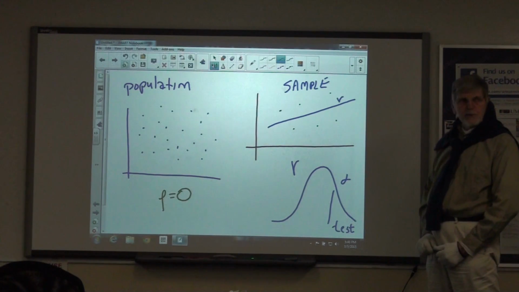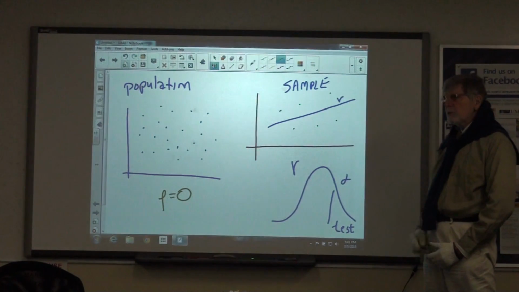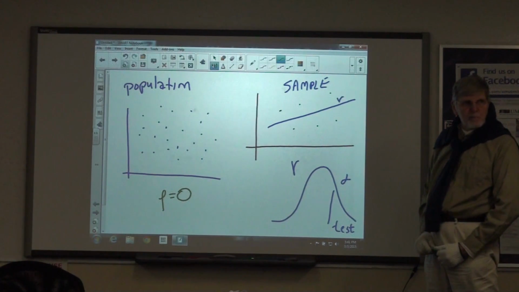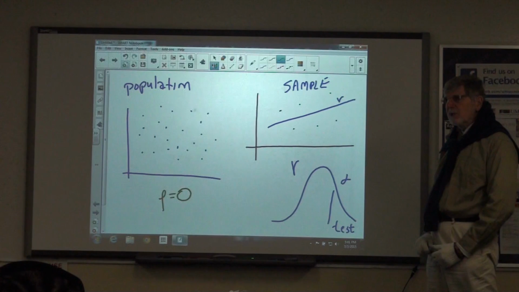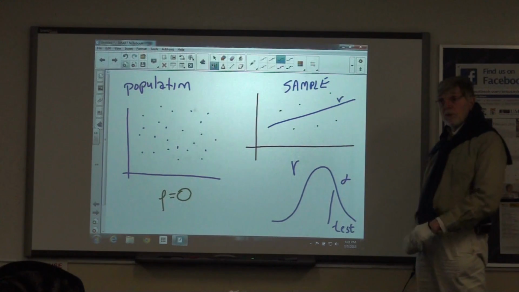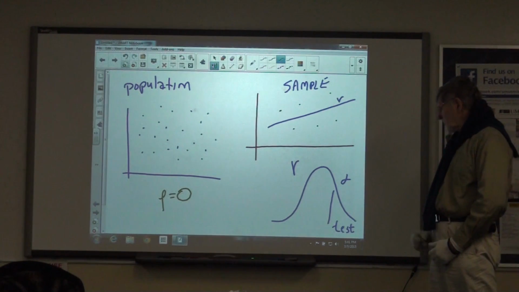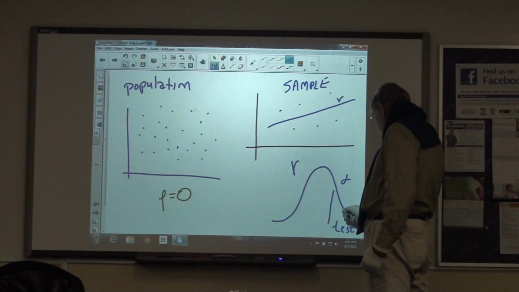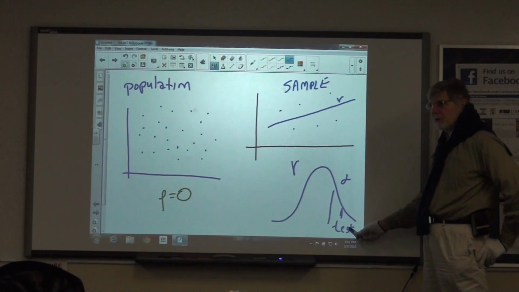So your null hypothesis for testing your sample R against the population is to assume that the original population has no correlation, because that's the only single number. You can only test against a single number. And that's the only single number that exists, is that the original population is uncorrelated.